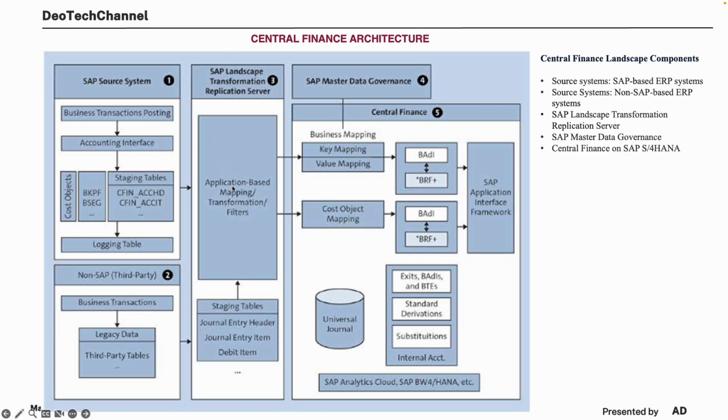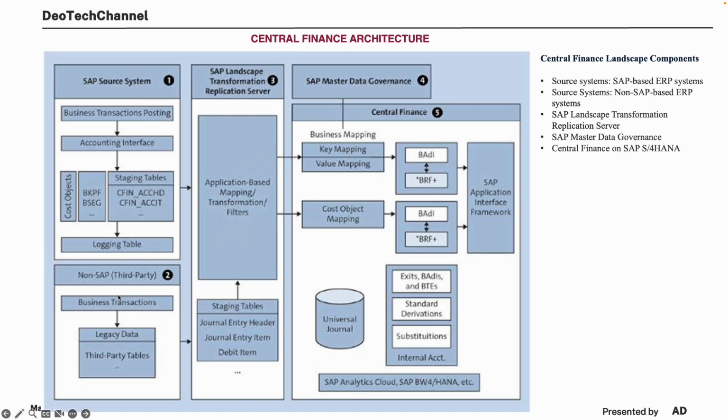Now let's come to the SLT. It helps to transfer data in real time from source systems to the central finance system. It uses application based mapping, transformation and filtering logic to harmonize data and also ensure consistency across the systems.